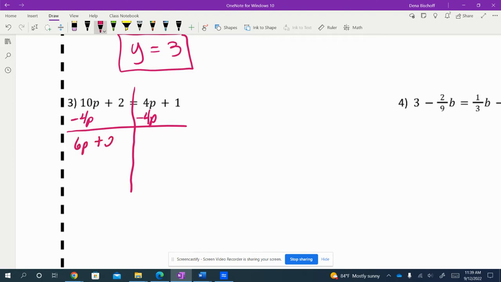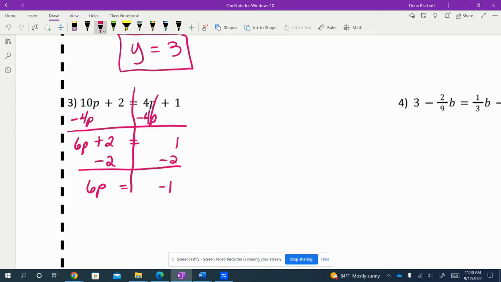So I have 6p plus 2 equals 1. All right, Miss Naya, what would you like to do next? Good job. Subtract the 2. You guys are doing awesome. 6p equals, let's see, 1 minus 2 is negative 1.